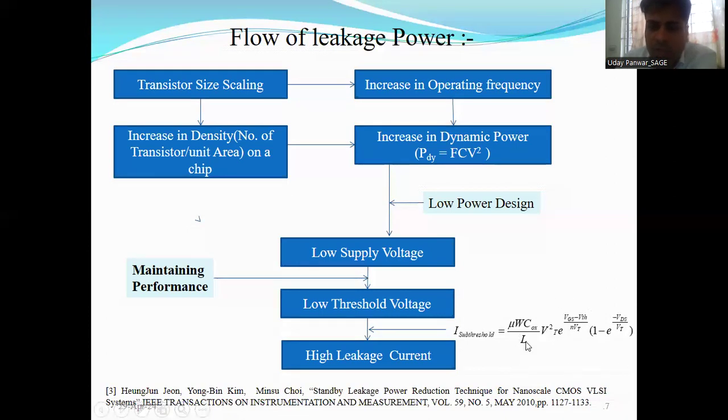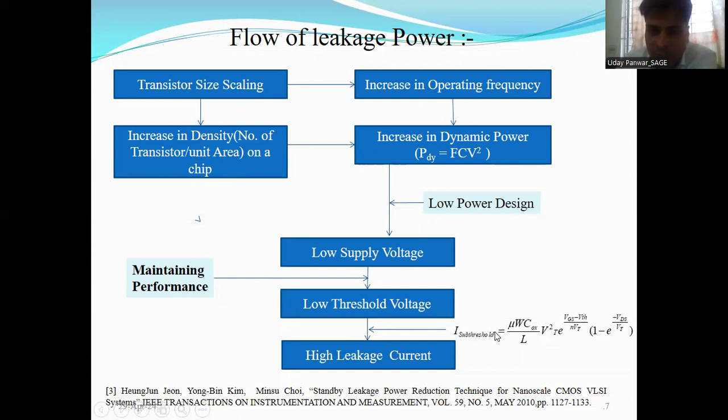This equation basically represents all the terminal voltages of a single transistor, which is exponentially proportional to this leakage current. So once we reduce this threshold voltage, we also reduce all the gate, source, and drain terminal voltages, which will increase this leakage current.